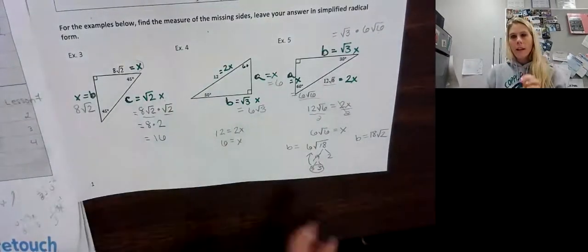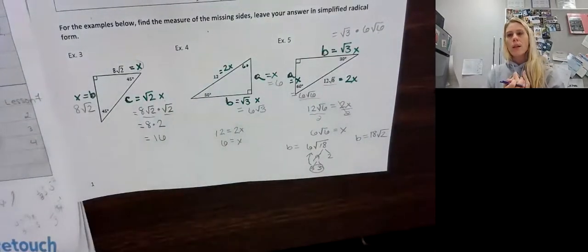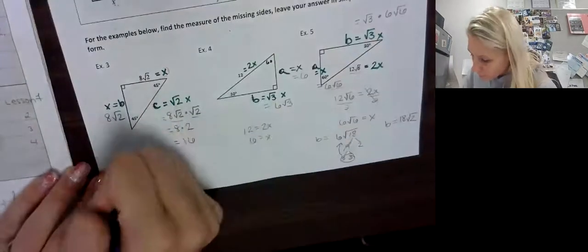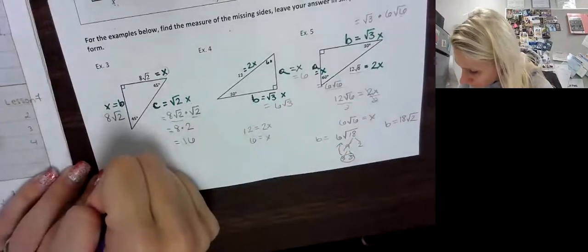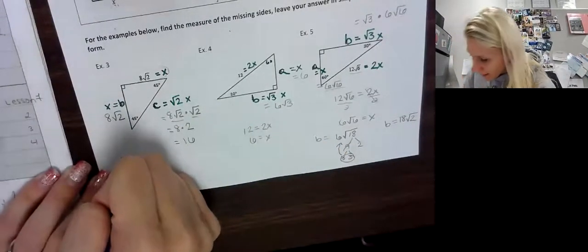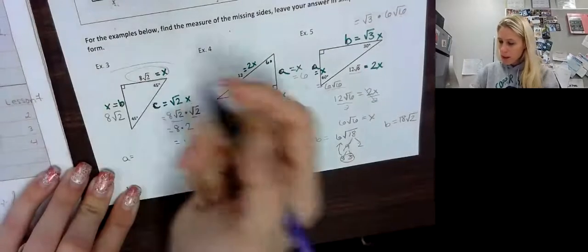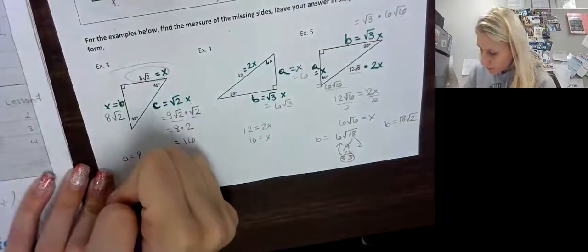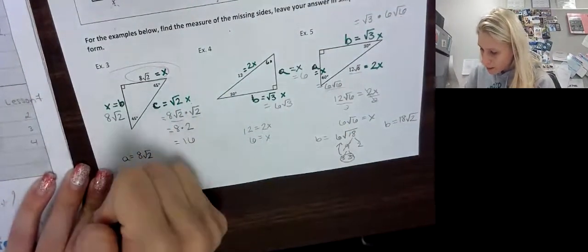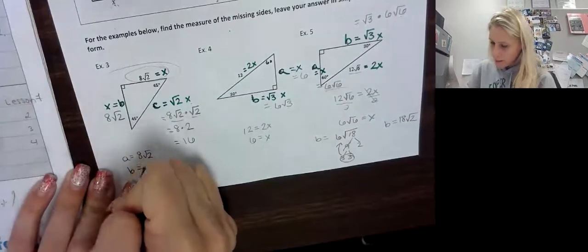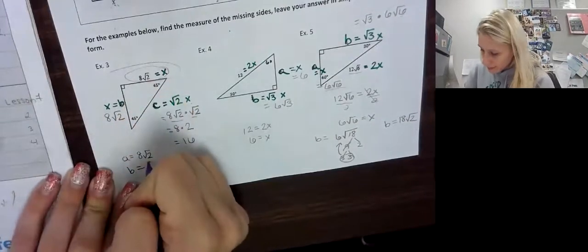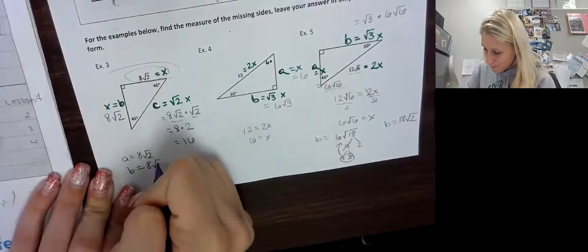Now, I know this is a lot of work and it could be confusing when it comes to the answers. So what we want to do is make sure that we label our sides. So let's go back to example 3. A side, which was over here, was 8 square root of 2. The B side, right here, was 8 square root of 2.